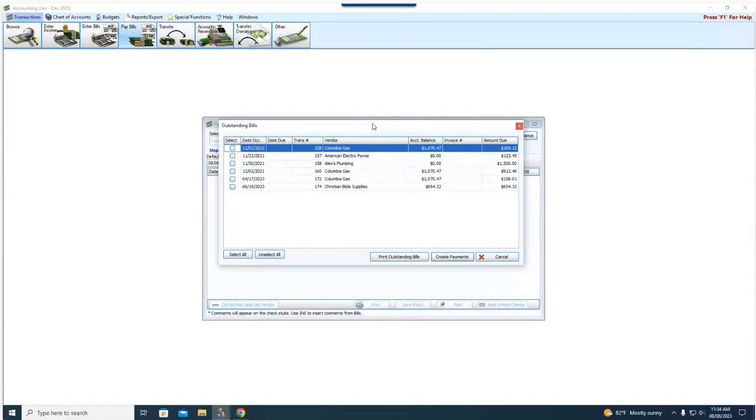The only bills that may appear here would be any current bills that are entered but not yet paid. And if you're working or living on a cash basis, then this list should be clear, period. It's that simple. There are no ifs, ands, or buts about it.